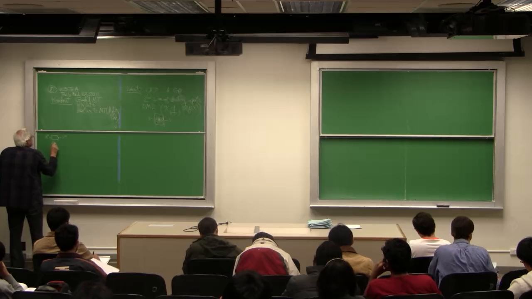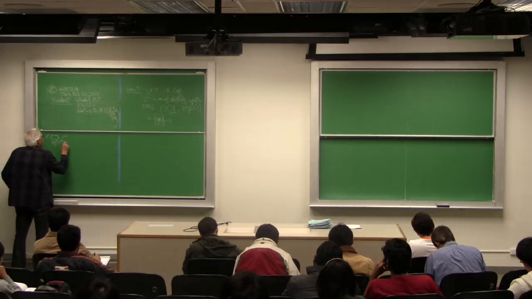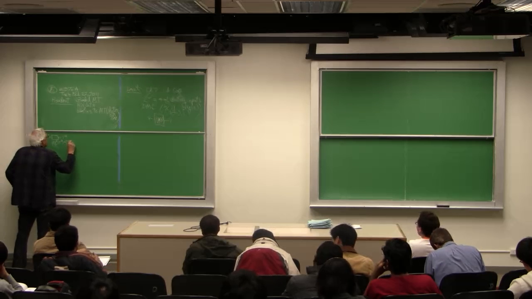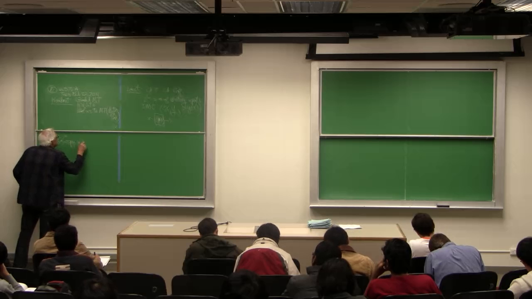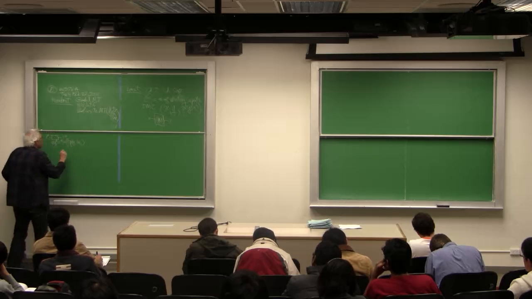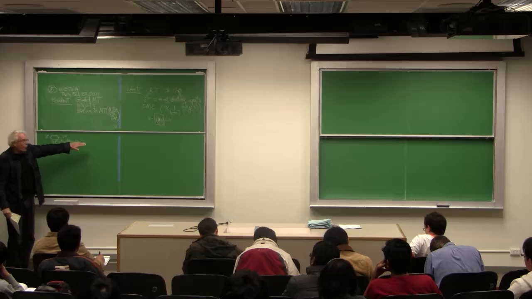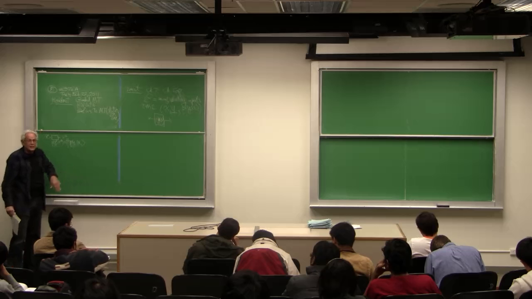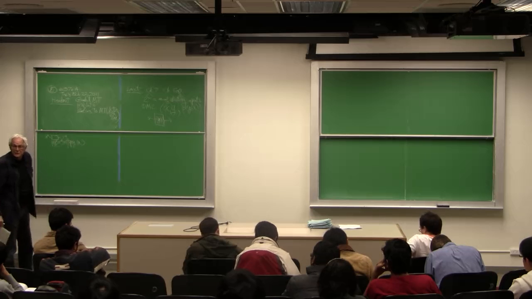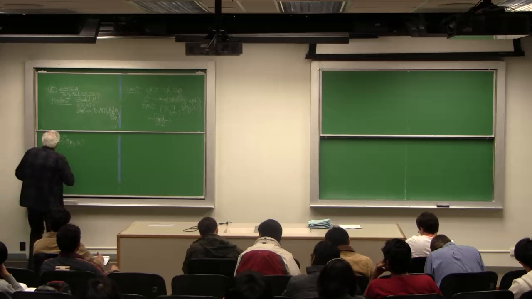The probability of Y^n given X^n is the product of P of Y_i given X_i from 1 to n. This is what I mean by memoryless channel. Y depends only on the current X. It doesn't remember the past X's or the past Y's. So there's no time dependence.